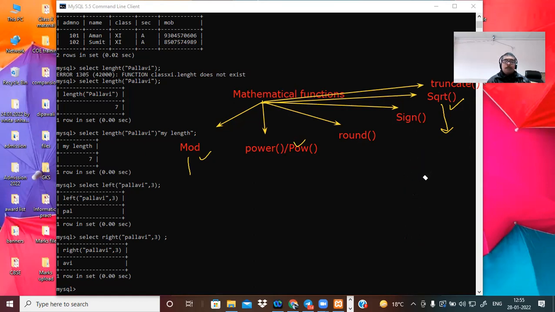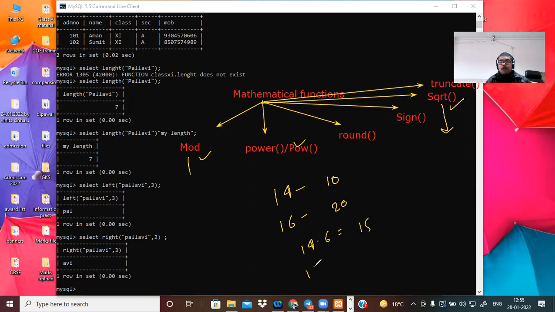Suppose I tell you 14, round it nearest to the 10, so it will be 10. If I tell 16, it will be rounded to 20. If I tell 14.6, we round the decimal, so it will be 15.